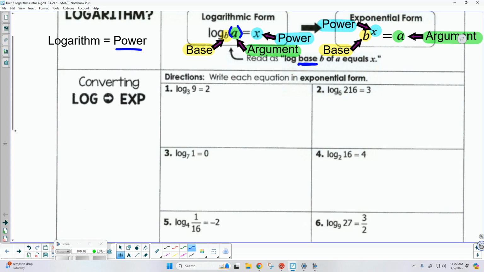So 3 is my base, 9 is the argument, 2 is my power. You can start with the base and put a circle through your notation. You start with the base 3, raise it to the power 2, and then set it equal to your argument. So log base 3 of 9 equals 2 because 3 to the power of 2 equals 9. And that's a true statement: 3 squared equals 9.